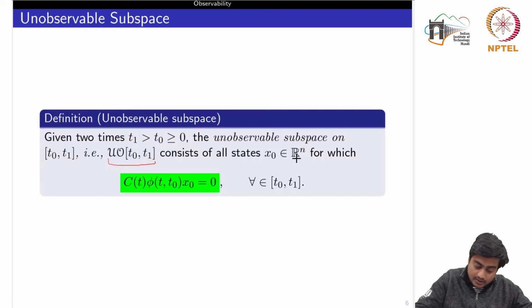This is what the definition says: if C phi x naught becomes equal to 0, then all those x naught for which this equation is satisfied give me the unobservable subspace.